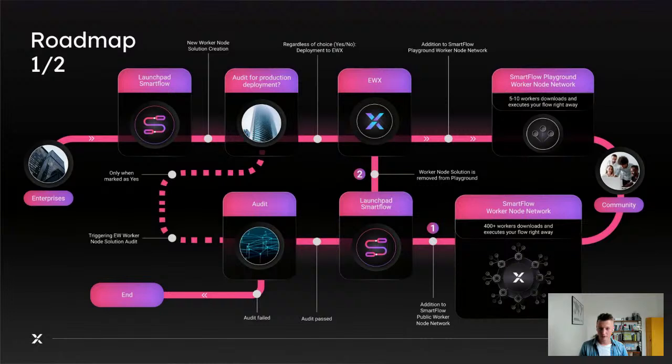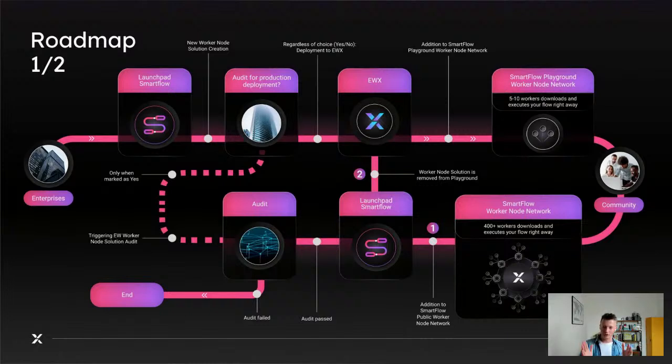You can choose yes for production deployment. And when you do that, your solution is also deployed to the SmartFlow Playground, but also there is a request to audit that solution. And this comes to Energy Web.